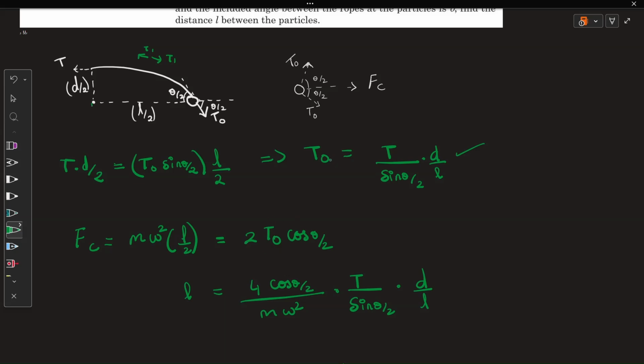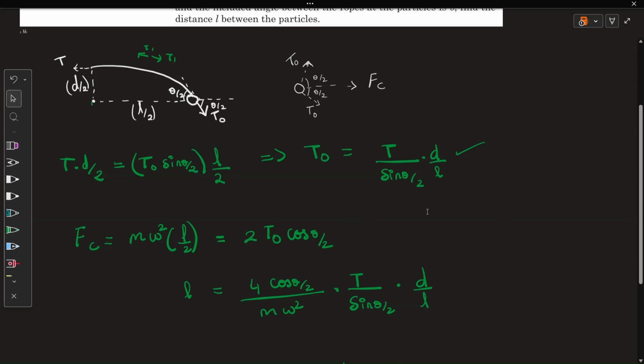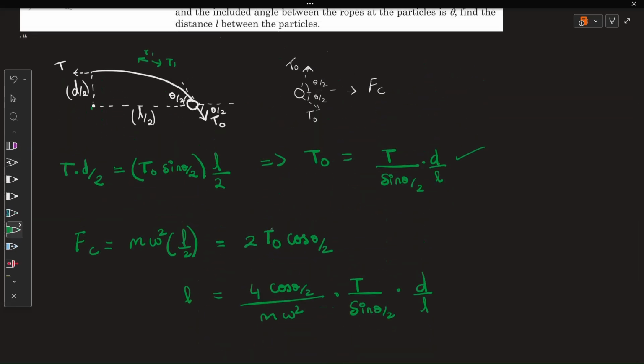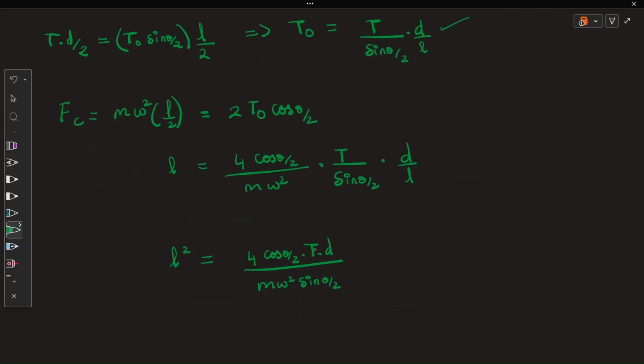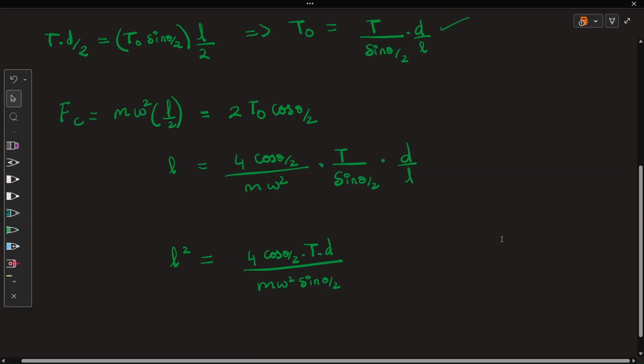So you have to find another relation for T naught in terms of the given variables. This is an important part in our question. Some people will confuse between T naught and T and will write it directly, and you won't get this particular part of the question. If we are not getting this, the question is completely wrong.